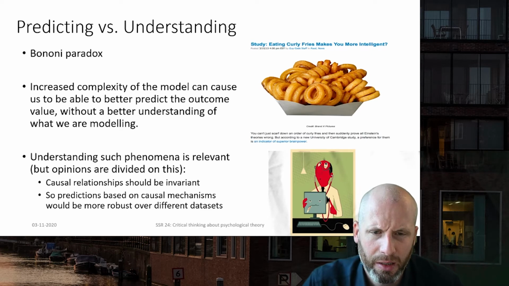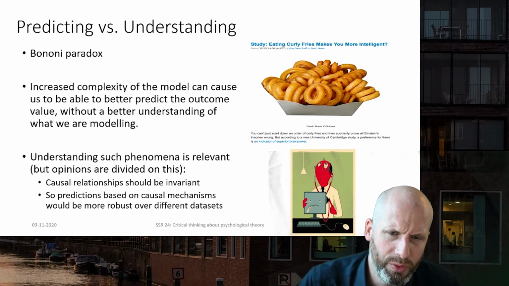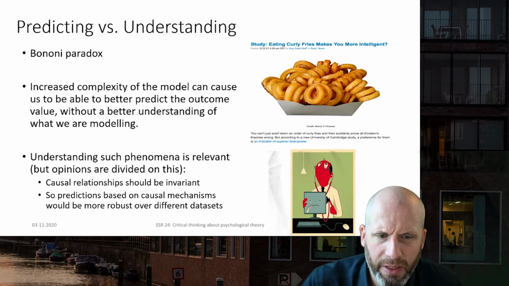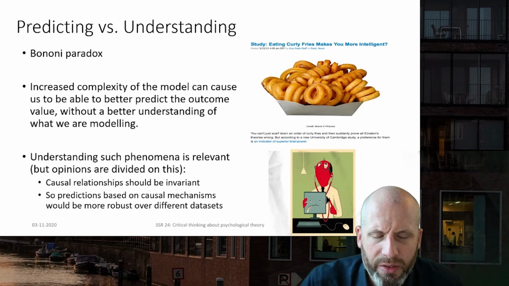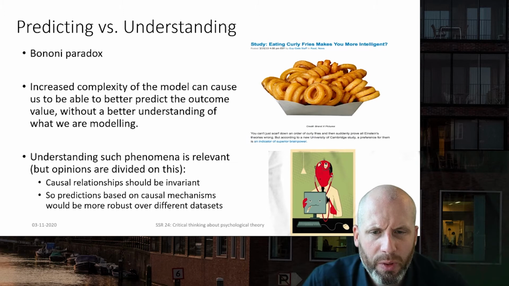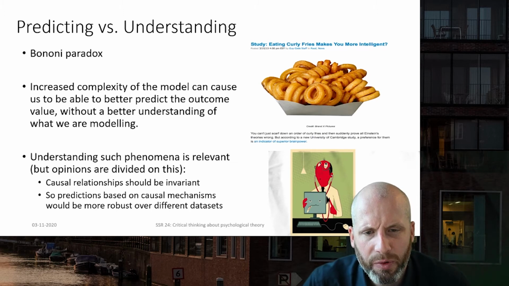It's a bit like the algorithm Google uses, which is automatically updated all the time, which does very well predict certain outcomes, but nobody actually can explain why it predicts certain outcomes.